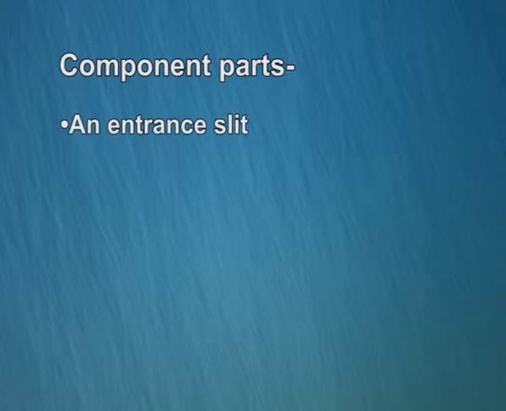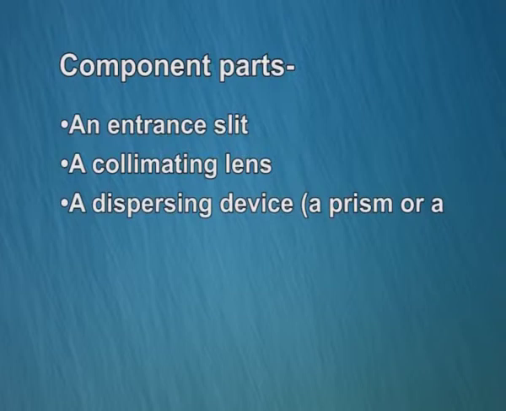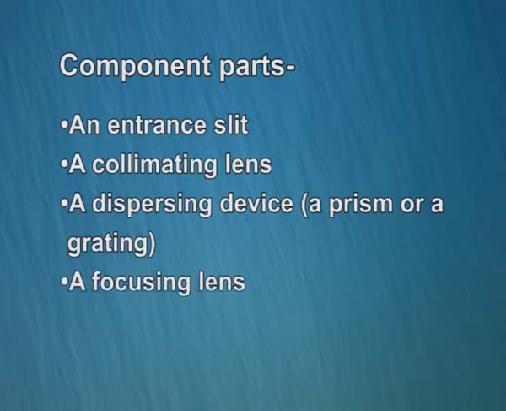Next is interferometric filters, which have a bandwidth of 15 nanometer. All monochromators contain the following component parts: an entrance slit, a collimating lens, a dispersing device, that is a prism or a grating, a focusing lens, and an exit slit.